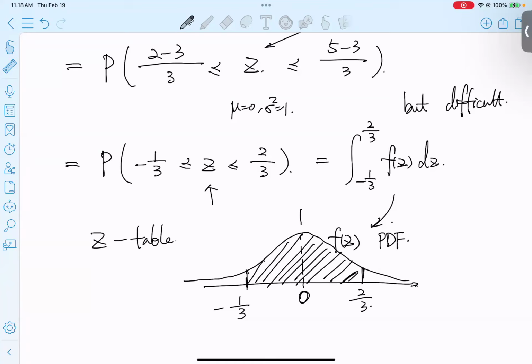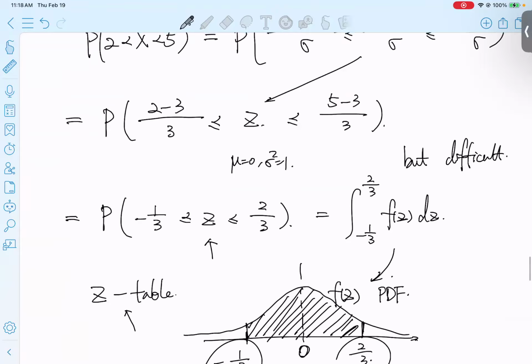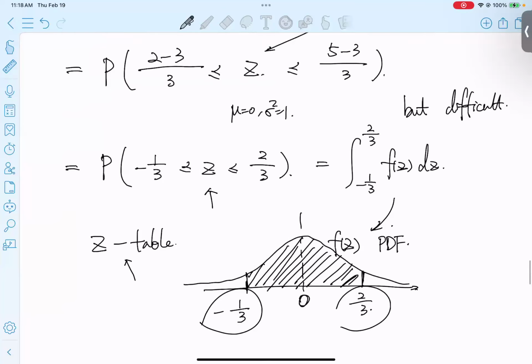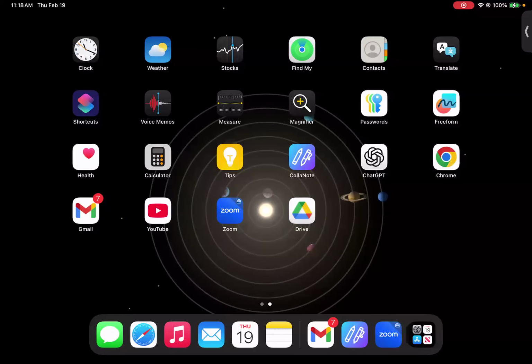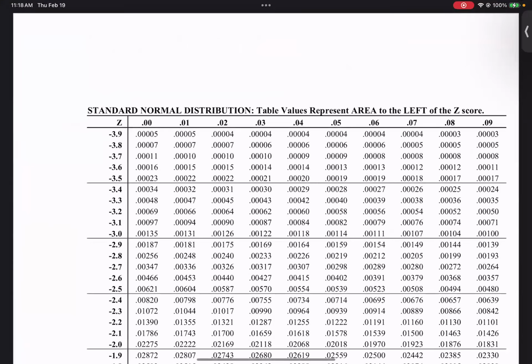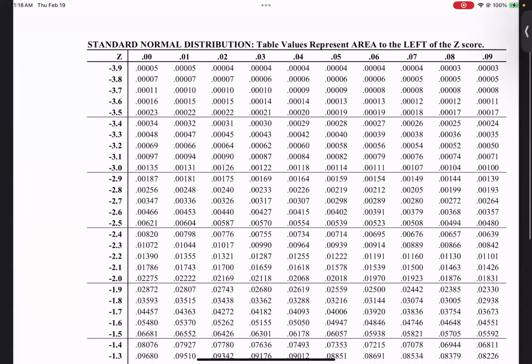You're interested in this, but evaluating this integral mathematically is difficult. Back then, when there was no computer, they resorted to a Z table, so once we have obtained these values from the transformation, let's resort to the table. I'm showing a table here. Are you guys able to see it?